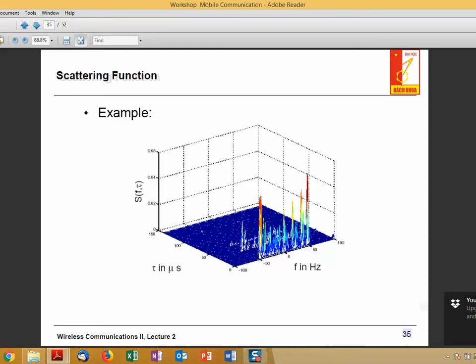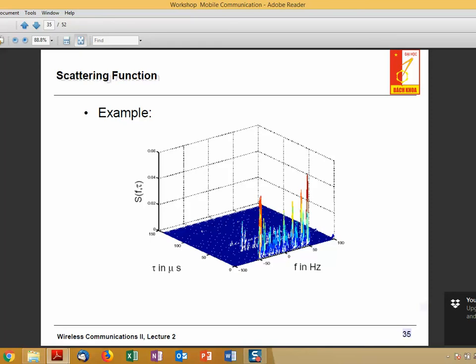That measure, that is another drawing. And here for the next reflection path, we have tau 0, tau 1, and tau 2.